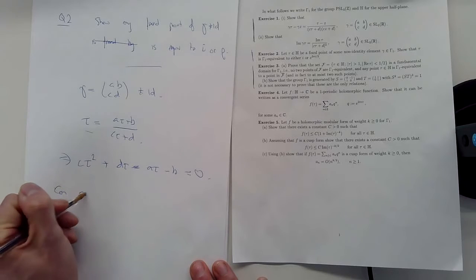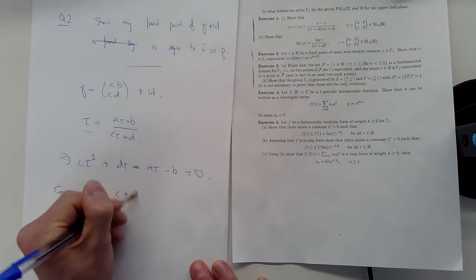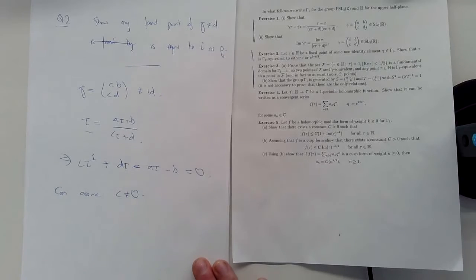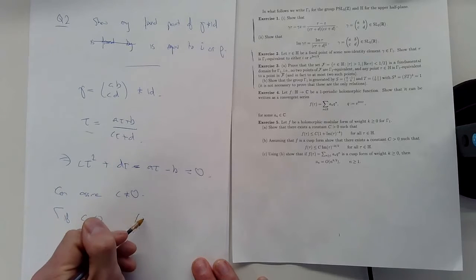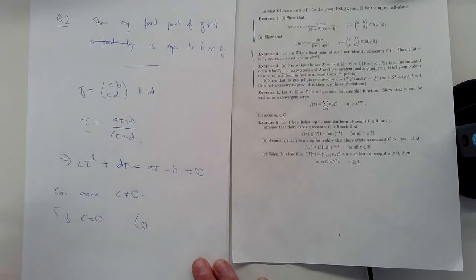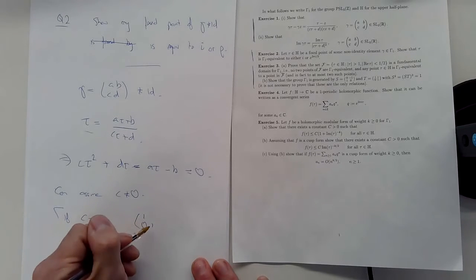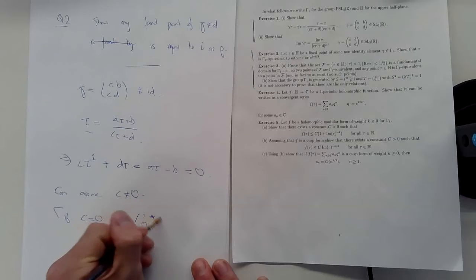We can now assume C is not equal to 0, because if C was equal to 0, then the determinant AD minus BC equal to 1 would force us to take 1, 1 on the diagonal, or maybe minus 1, they're equivalent, and something up here.